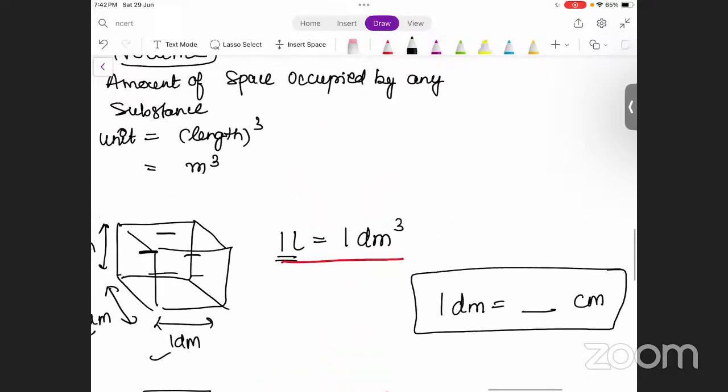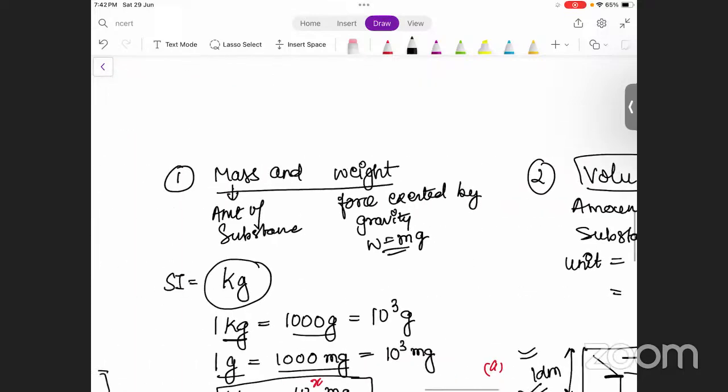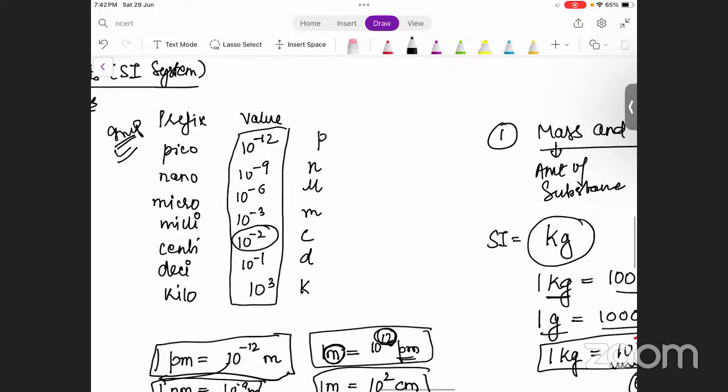Just now we did it. So try to answer this by looking at this table, right? We just did centi and deci. You should be able to do all these things by yourself if you know the basic information.